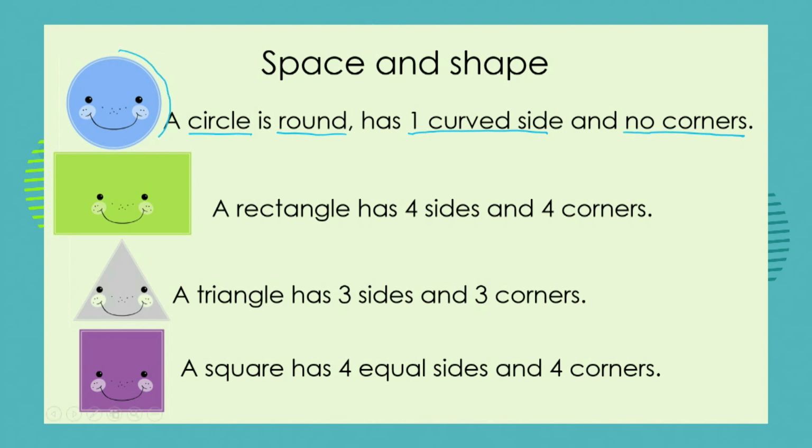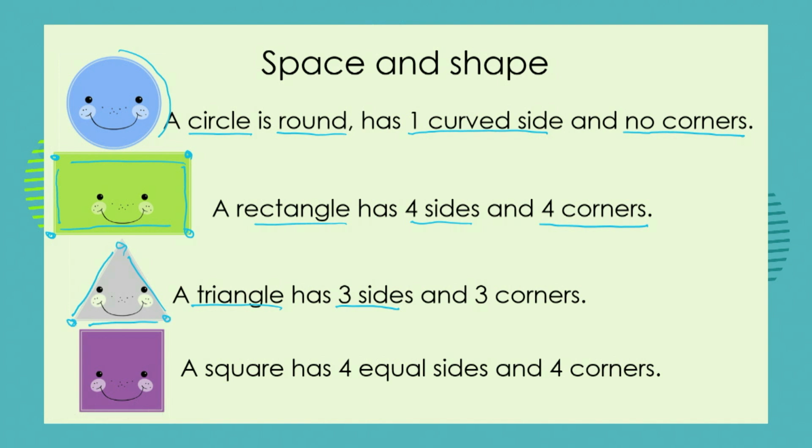and no corners. A rectangle has 4 sides, 1, 2, 3, 4, as well as 4 corners, 1, 2, 3, 4. A triangle has 3 sides, 1, 2, 3, and 3 corners, 1, 2, 3.